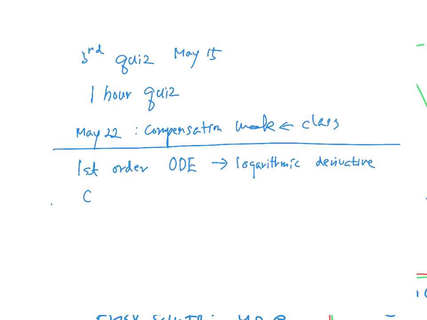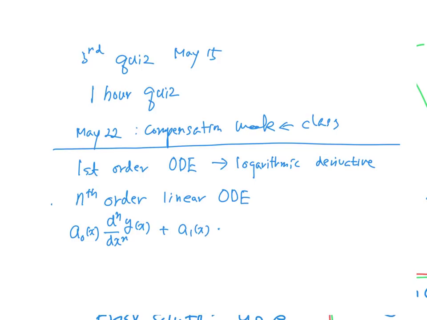So we are going to focus on the nth order linear ordinary differential equation, which is of the following form: a0(x) d^n y/dx^n + a1(x) d^(n-1) y/dx^(n-1) + ... + an(x) y(x) = q(x).